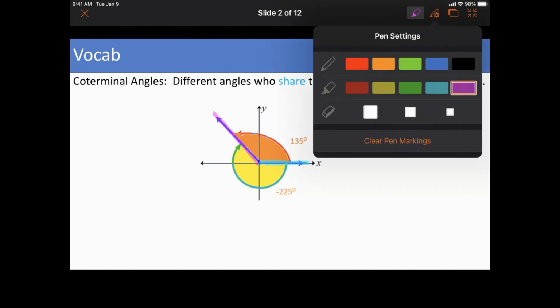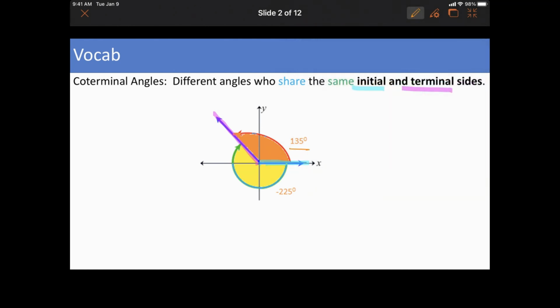We have 135, and it begins here and it goes this way in the positive, counterclockwise direction. We also have this angle, which is negative 225. It begins in the same place as the 135, but it goes clockwise in the end.